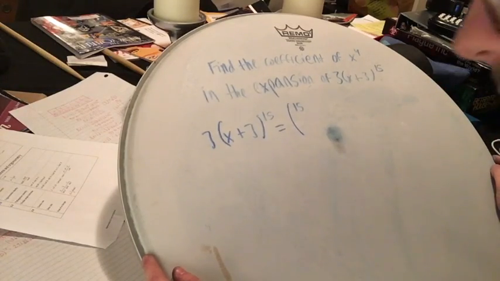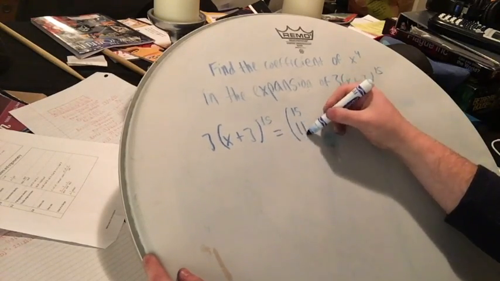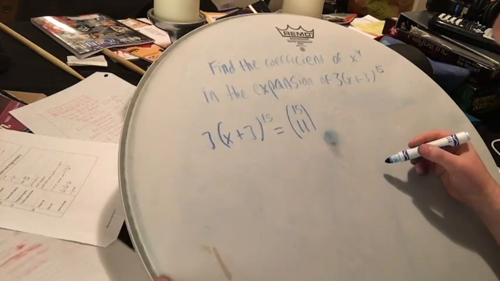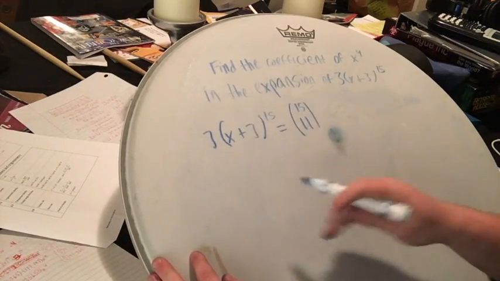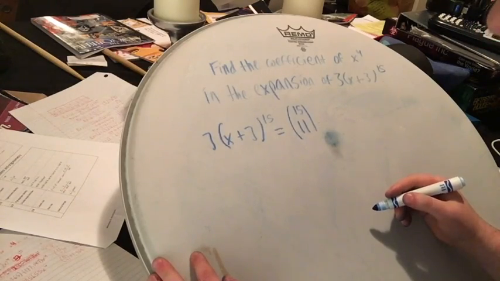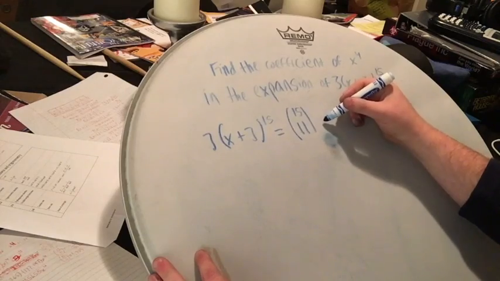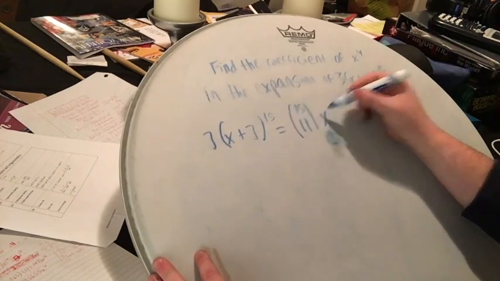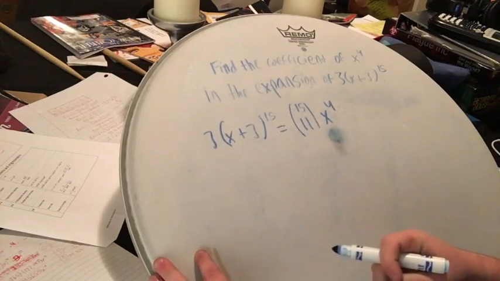And then r is, of course, the term we're looking for, which is going to be the 11th term. So that's 11. And then it's going to be that times a. This is a and b: x is a, 3 is b. So it's going to be a to the n minus r power. So that's going to be x to 15 minus 11, which is 4. x to the 4th power. There it is. It's already there.